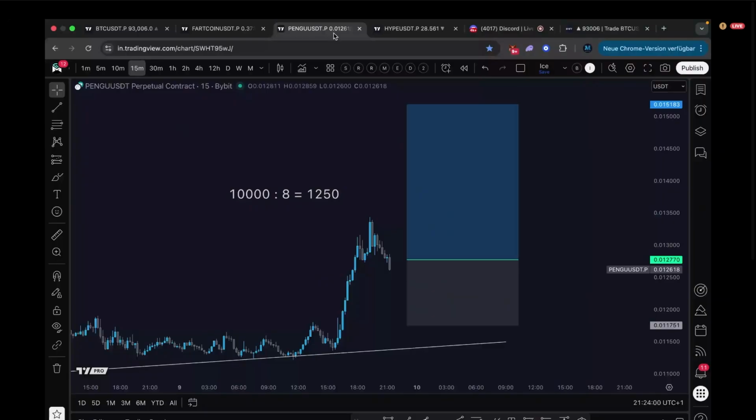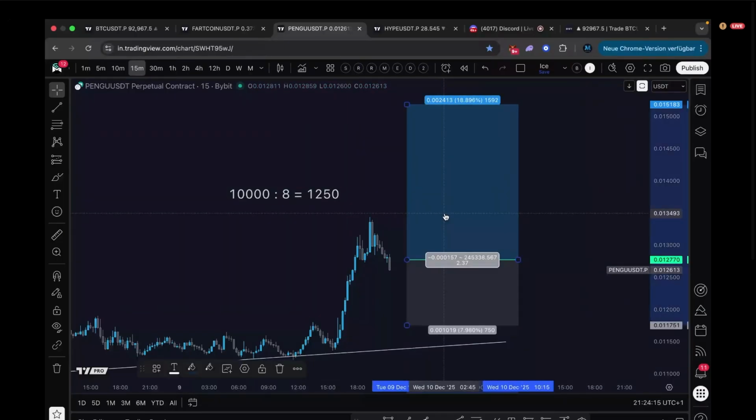So, we said if the stop loss is 8%, guys, what we do is we divide our balance 10K by 8. What comes out is 1,250, and that is what we can put in this trade. And if this trade stops, then what we lose is only 1% of 10K, which is $100.